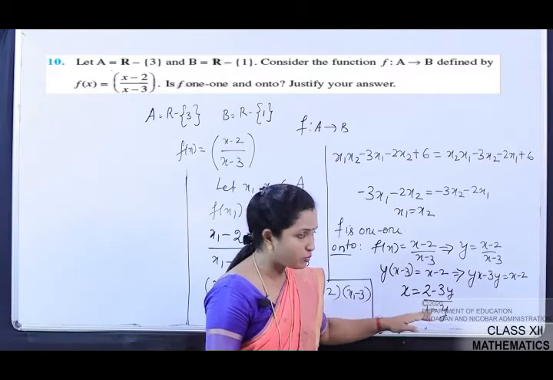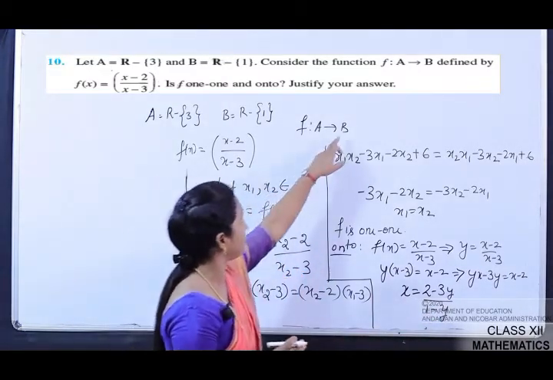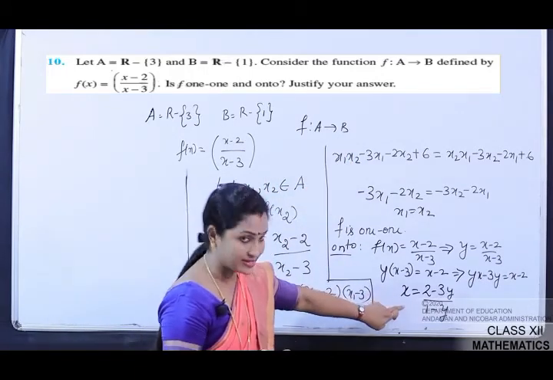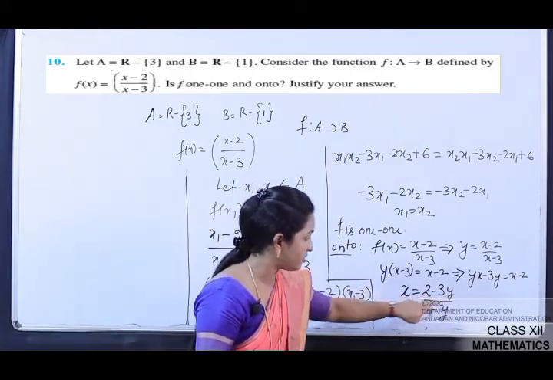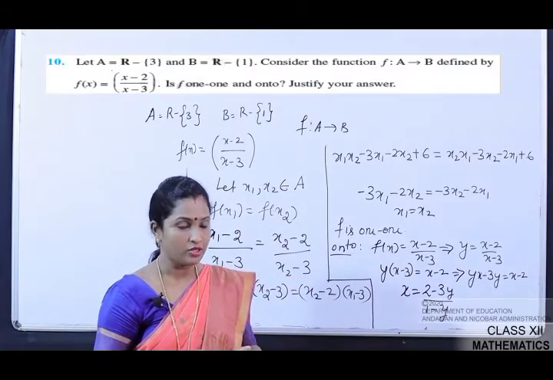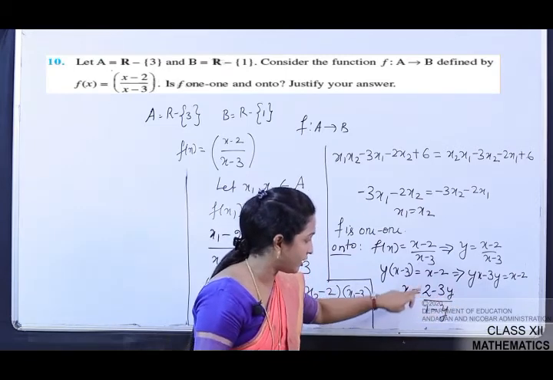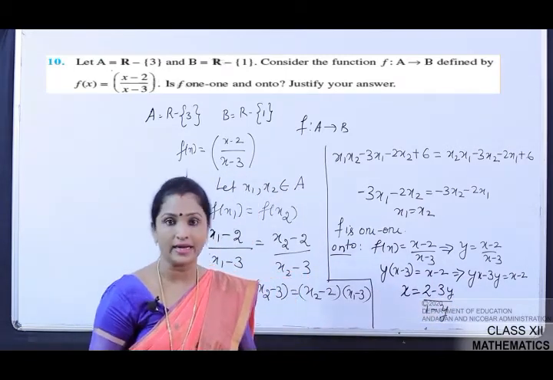So that means what I am proving here, for every y belonging to the codomain B, there will be an x = (2 − 3y)/(1 − y) such that f(x) = y. So the only part left is आप x की जगह ये वैल्यू को डालेंगे और देखेंगे कि आपको y आ रहा है या नहीं.